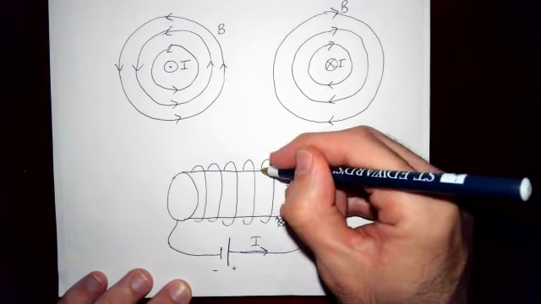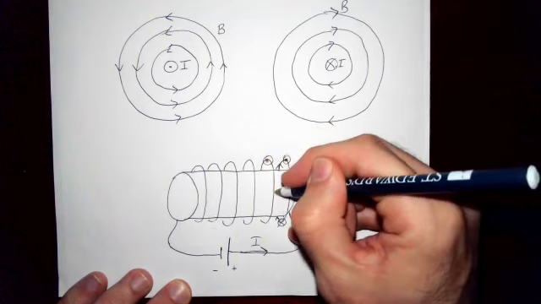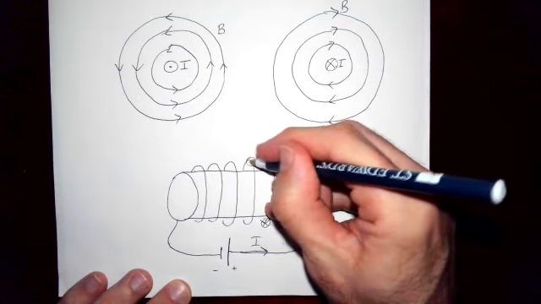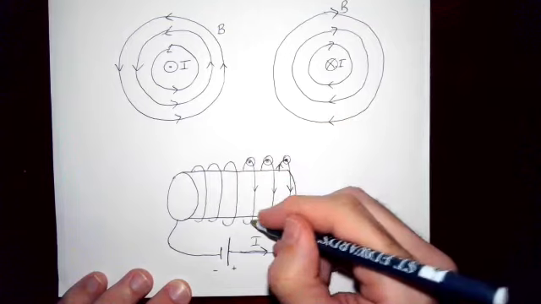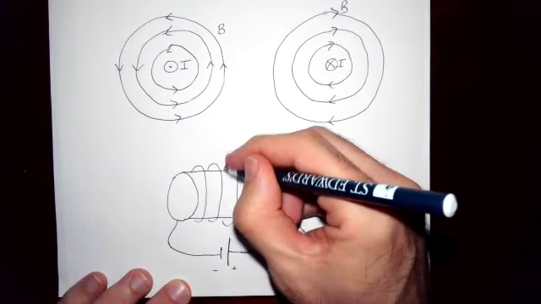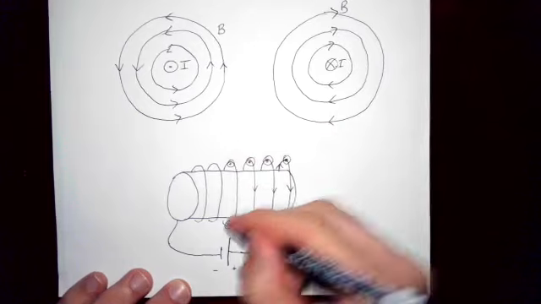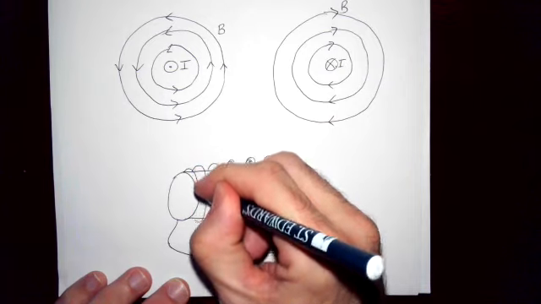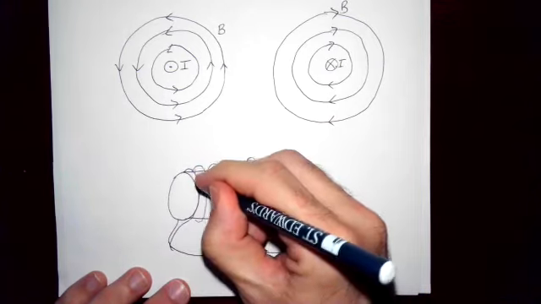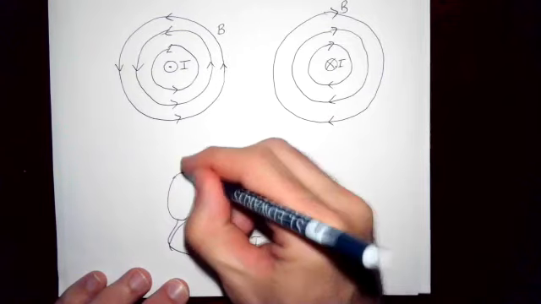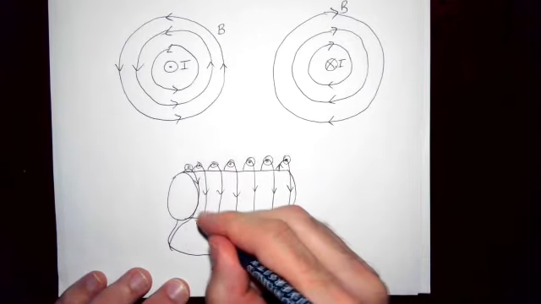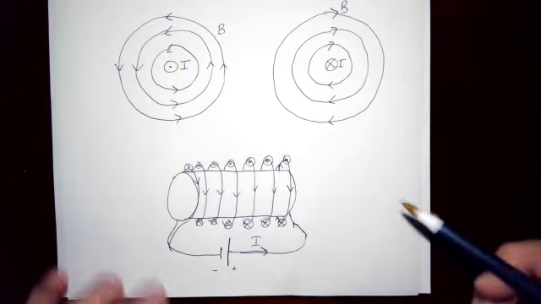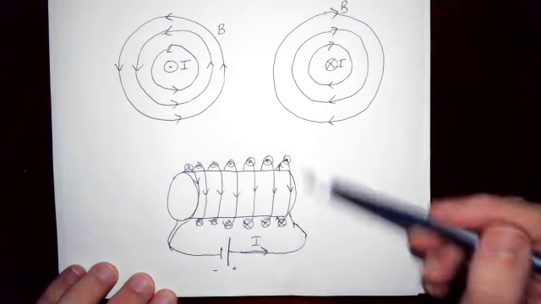And then it comes out over here, goes down, goes in, goes behind, comes up, down, in, behind. And then this one, I guess I should connect like this. Okay, so I've drawn the current as it travels around the cylinder.